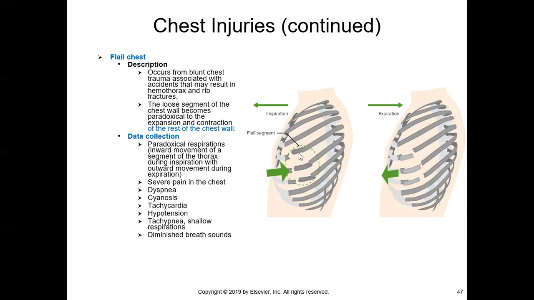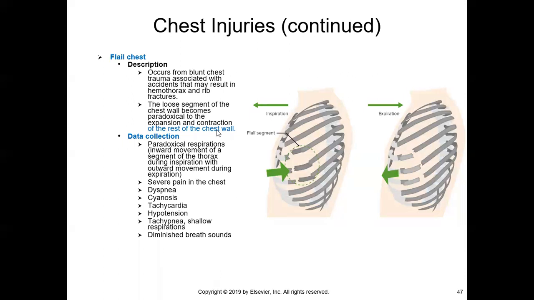In this picture, we see the ribs broken at multiple sites, and also blood accumulated in the pleural space, which we call hemothorax. The loose segment of the chest wall moves paradoxically to the expansion and contraction of the rest of the chest wall.